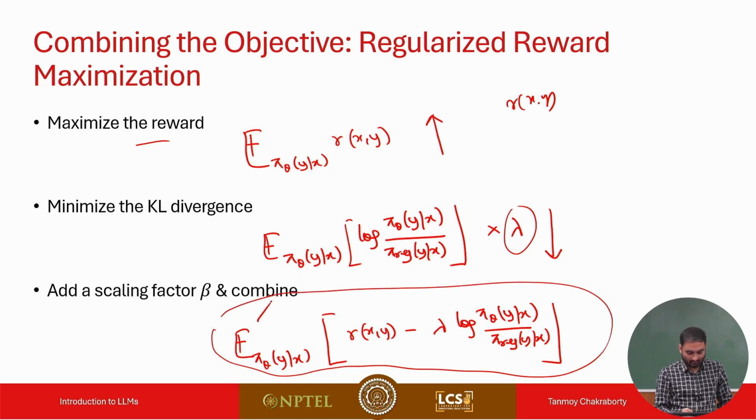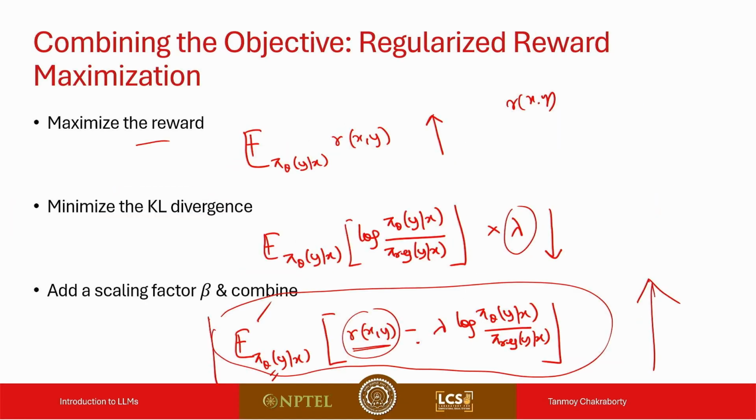So expectation, given this pi theta, we generate y, the reward which we want to maximize. So this is the objective function which we want to maximize. So maximize the reward, and minus, we minimize this KL divergence. Okay. So next day we'll discuss more about this, and next day we start from here.